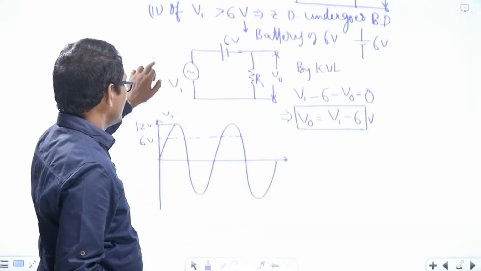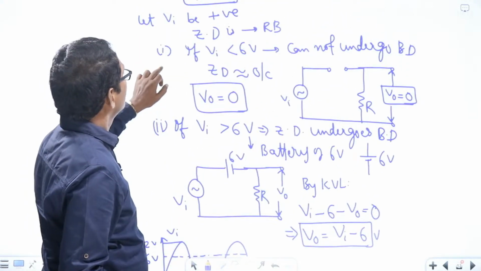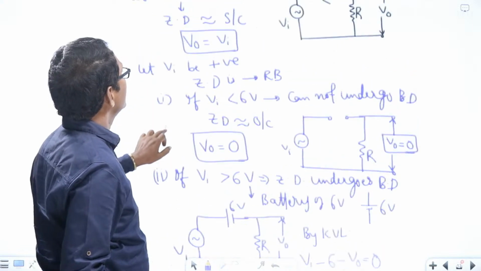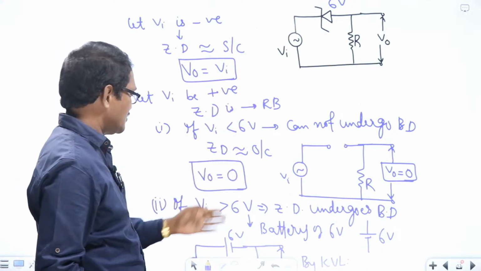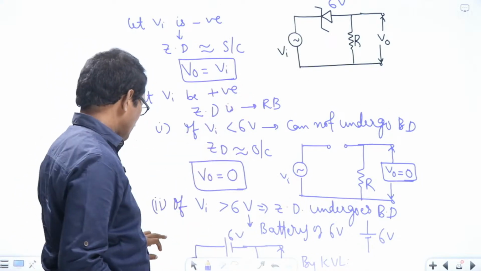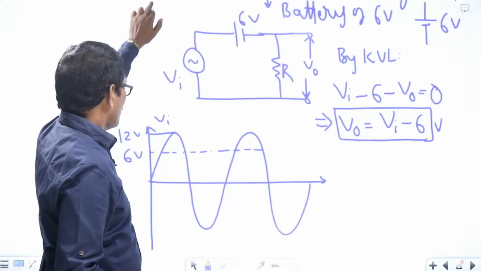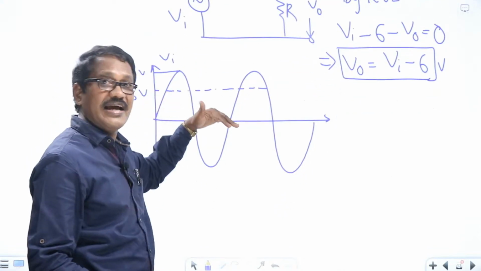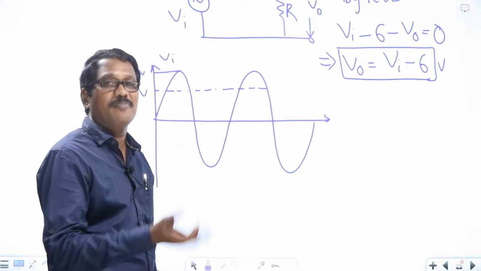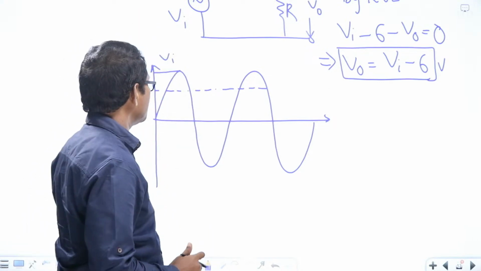That case we have already seen. If VA is negative, the output follows the input variations. And during the positive half cycle only, the signal that lies above 6 volts is clipped off.